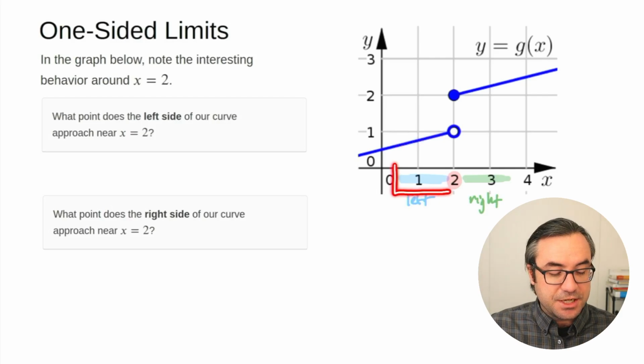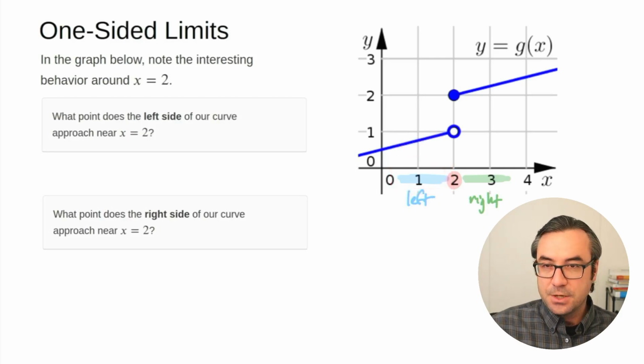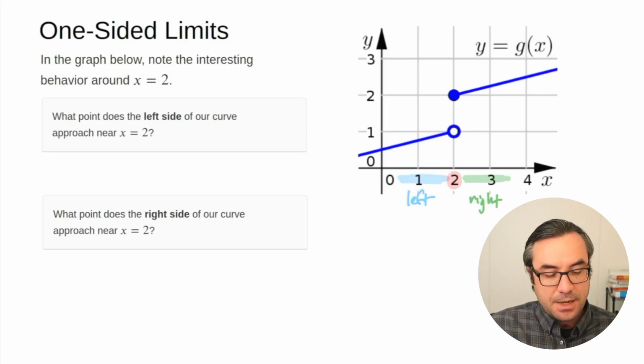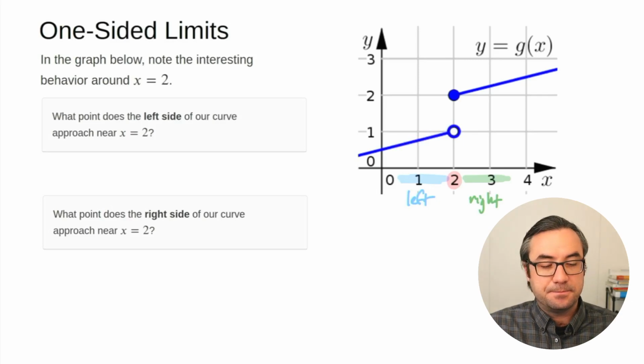But we're going to just stick to this left side. So we don't actually get to x equals 2, but we're going to get closer and closer to x equals 2. And so as we move along the curve, we're getting closer and closer to this point right here.